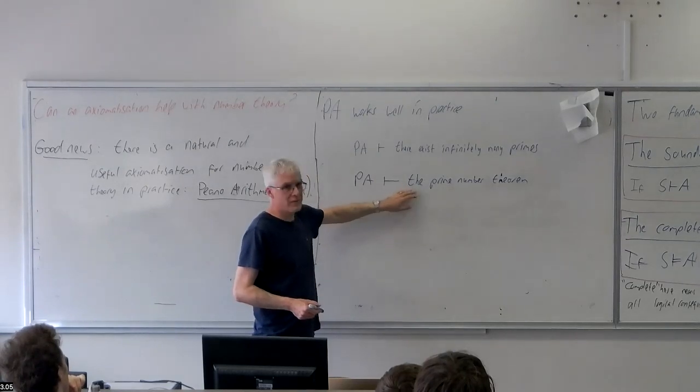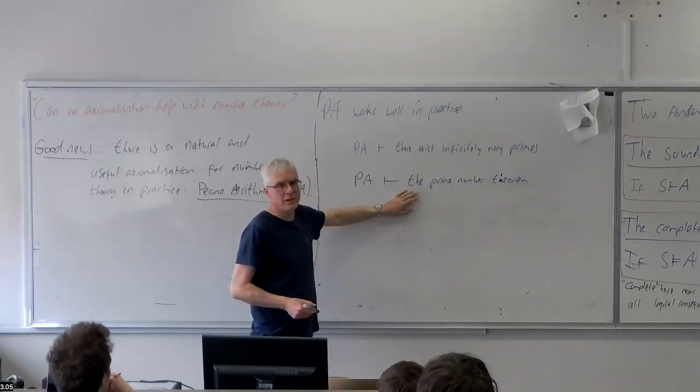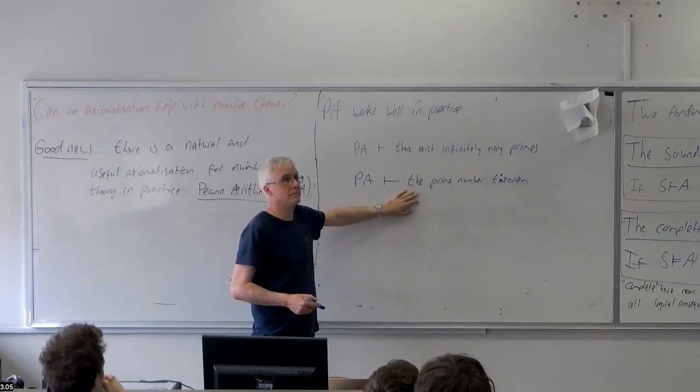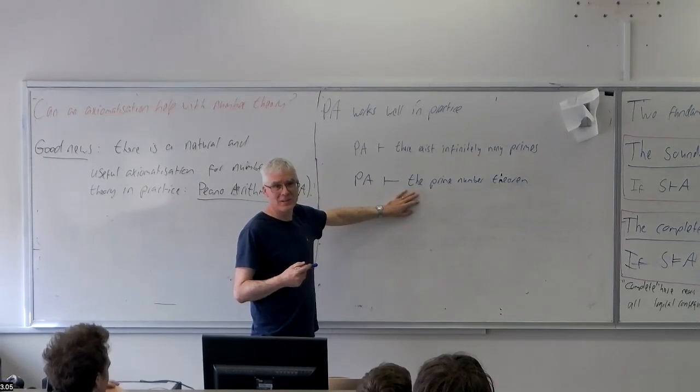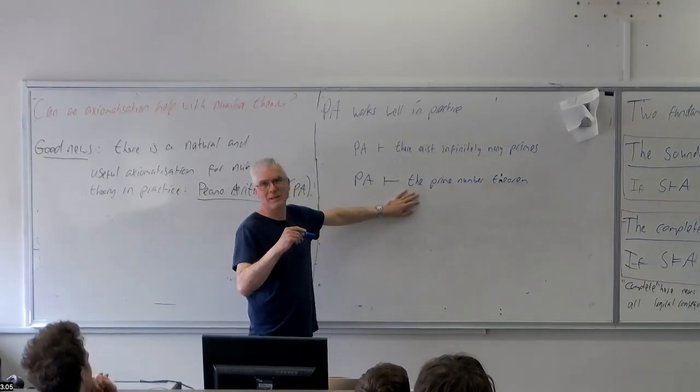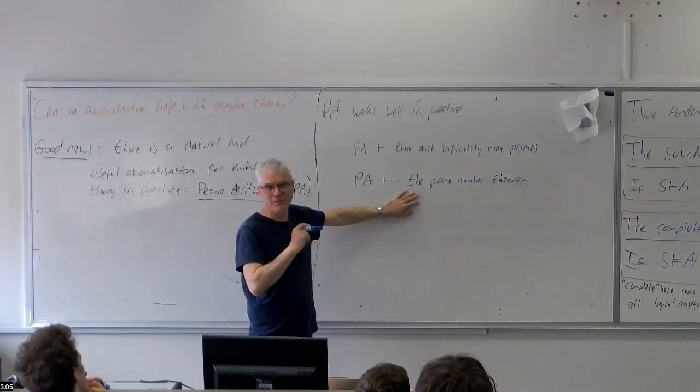In the 1950s, an alternative proof was found by the Hungarian Erdős and also the Norwegian mathematician, number theorist who won the Fields Medal.